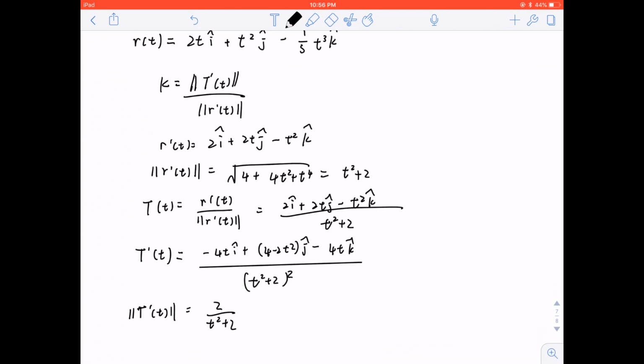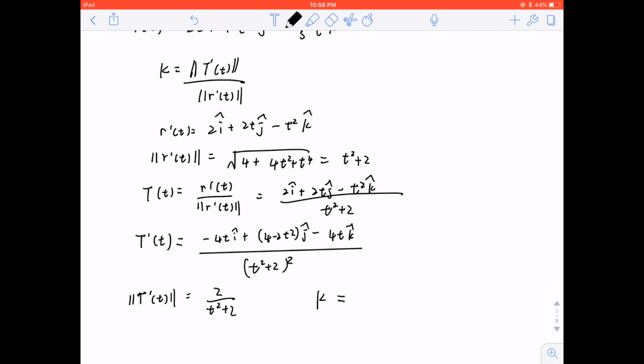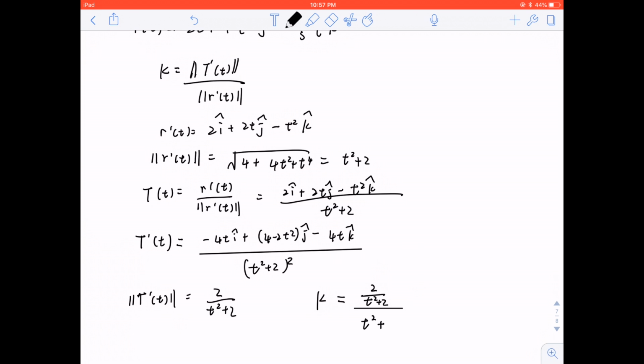And now we know that the curvature is 2 over t squared plus 2, divided by the magnitude of the derivative of r sub t, and that is just t squared plus 2. Now, we know the curvature is just 2 over (t squared plus 2) squared.